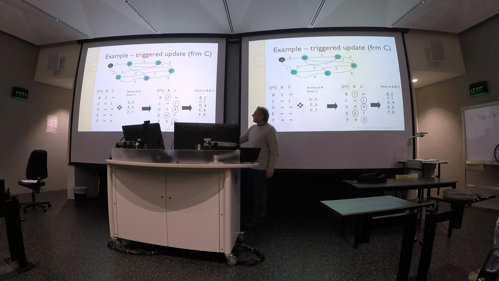Okay, from C we got 3, 6, and 7, and to our table, which you can't see here because I copied the wrong one, we update this and we can add a 4, a 7, and an 8 here. And of course we've got the cost of 1. So D plus 1 is 4, E, 6 plus 1 is 7, F, 7 plus 1 is 8, because the cost between C and A is 1. So please annotate your slides to show that I cut and pasted the wrong one.